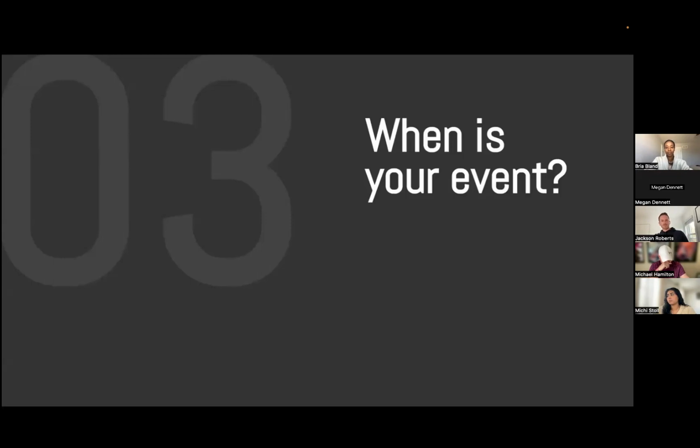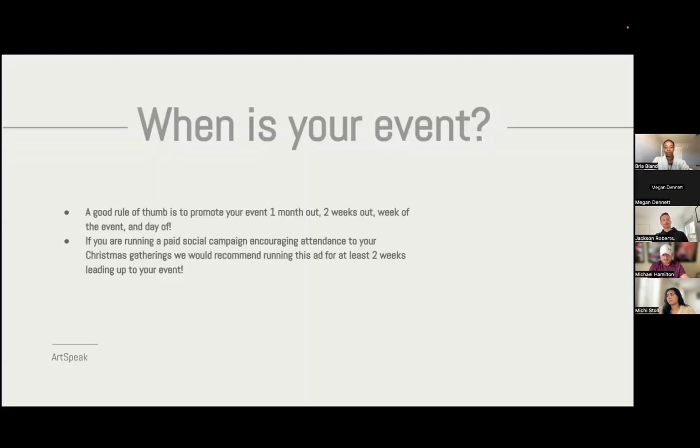Three, when is your event? A good rule of thumb is that when you start this campaign, I should know the date of the event or the date of the service, or if I don't have a date, what is the intent?